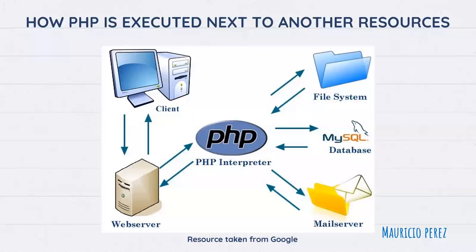And we have another schema for when we are working with databases, a mail server, or the file system. All that we have to take into account to get all of these tasks done is the web server, and remember that the web server will include the PHP interpreter.